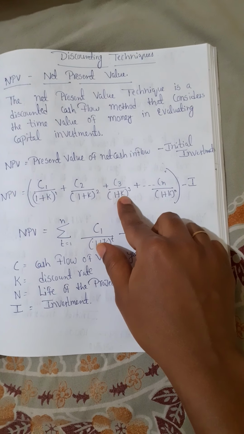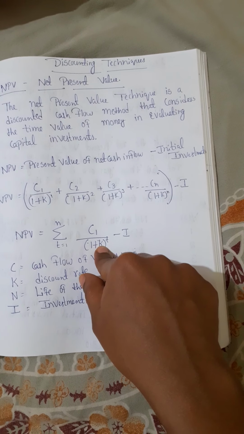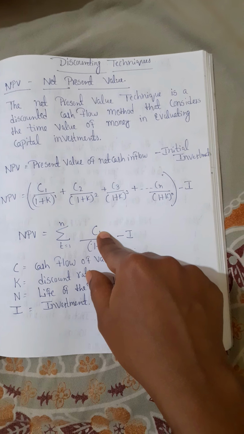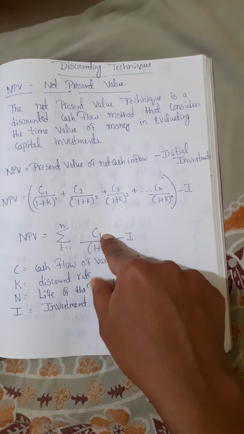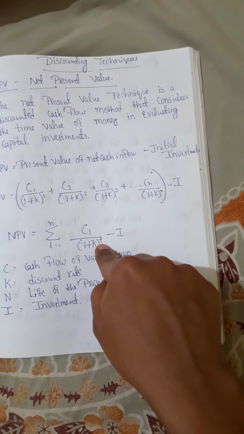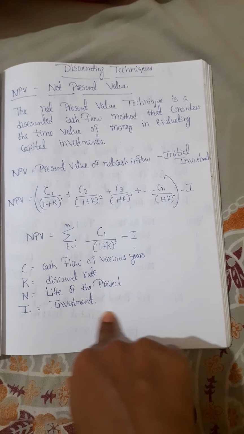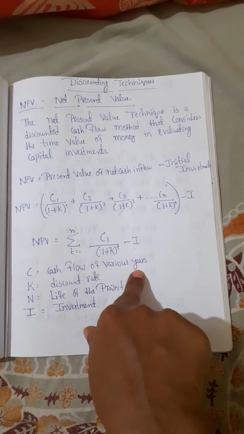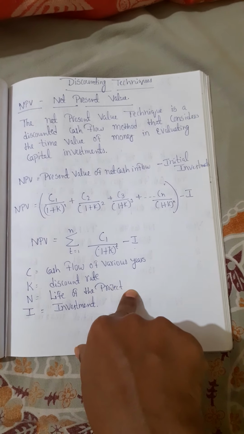You can use this formula if you have different cash flows. If you have the same cash flow, say 50,000 for 10 years, you take that 50,000 and 1 plus the interest rate to the power of 10, minus I. Here C stands for cash flow of various years, K stands for discount rate, N stands for life of the project, and I stands for initial investment.